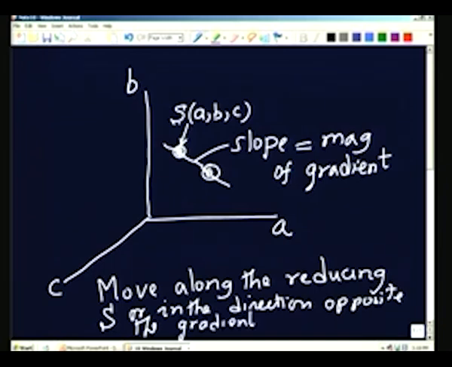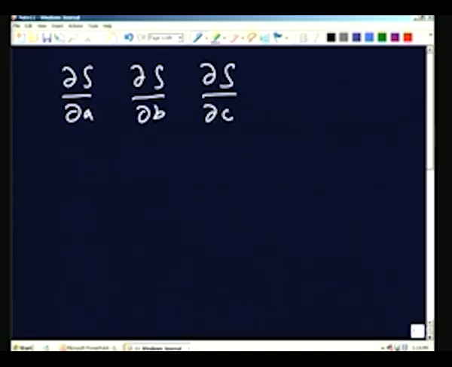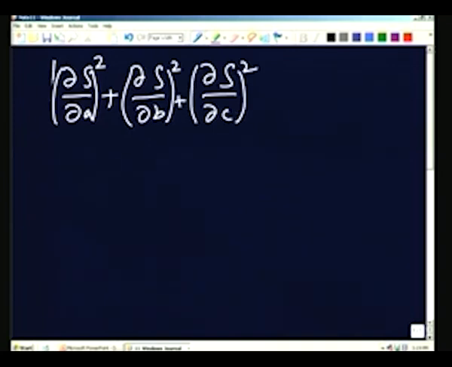Let me explain by showing what is being done. We have already calculated the 3 components. Of course, if there is a problem with more number of parameters, there will be more number of these, and in fact, I can calculate the sum of the squares of these 3 and take the square root. This is actually the magnitude.